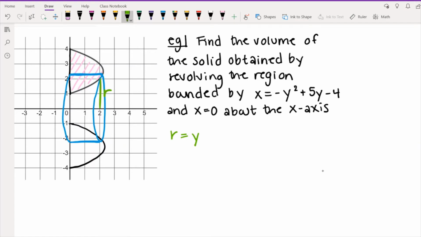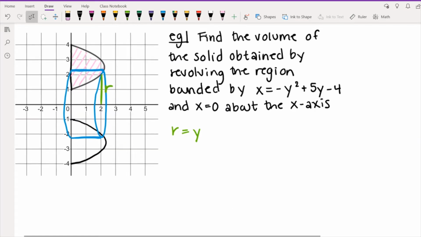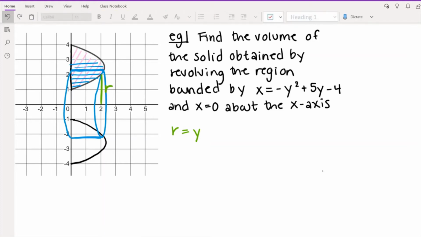More importantly, the reason the radius is just y is because we want to include all of the different possible y values. I just erased them, but we had a few different cylinders here, all at different heights. You can imagine making another cylinder at this height and this height and this height. All of these different y values are going to need a cylinder there, and even everything between those.